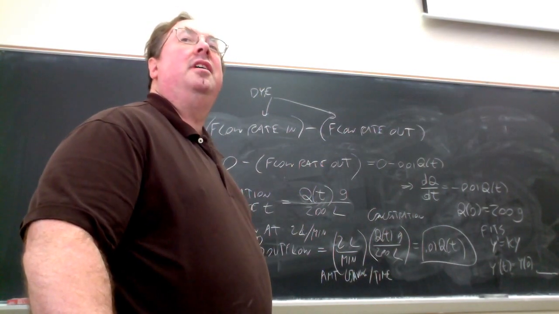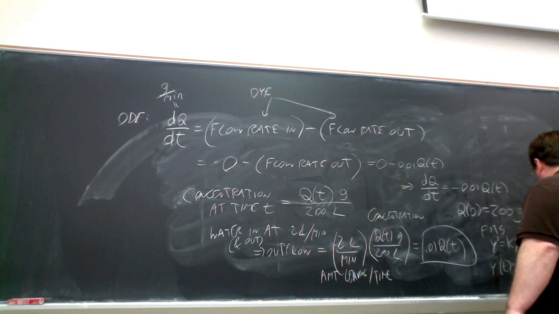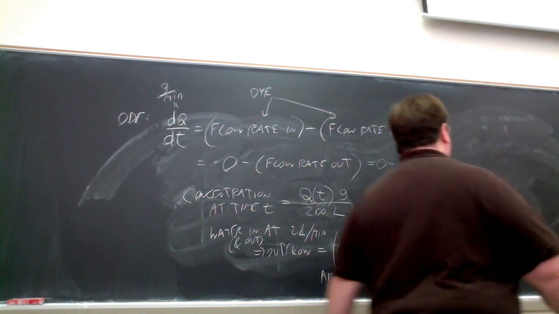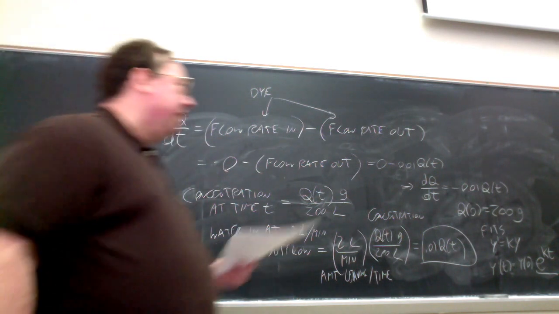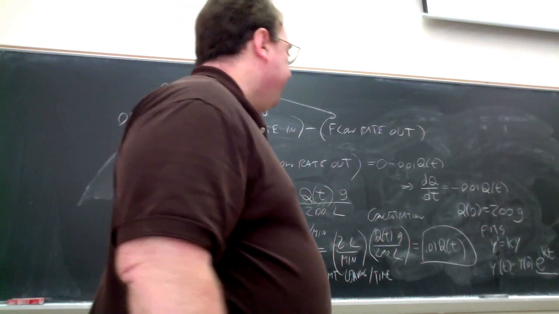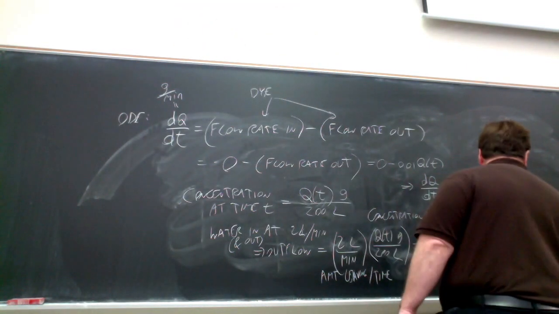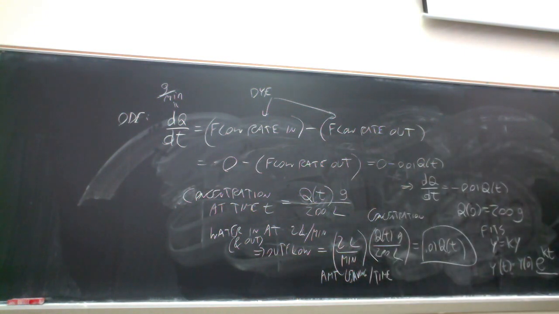Close. Yes, e to the kt. Because in the generic form there's no little q of t, we don't have to go through the trouble of an integrating factor. You can if you want, but it's not necessary. So in this case, you can jump directly to this. We can apply that to this problem.